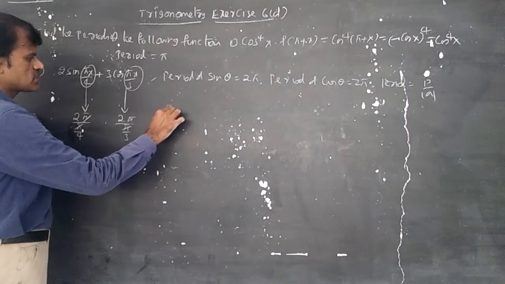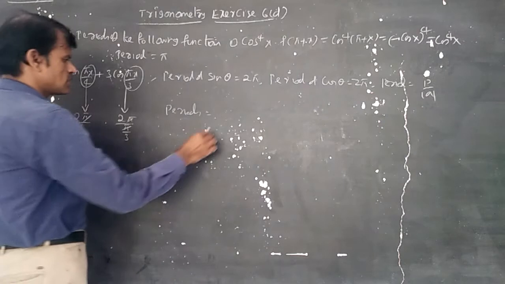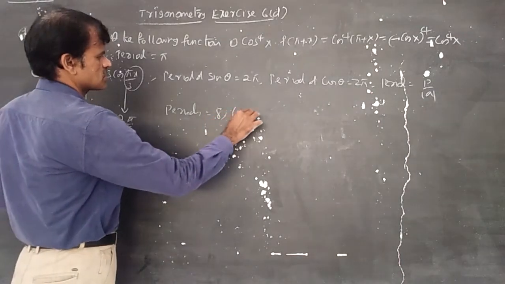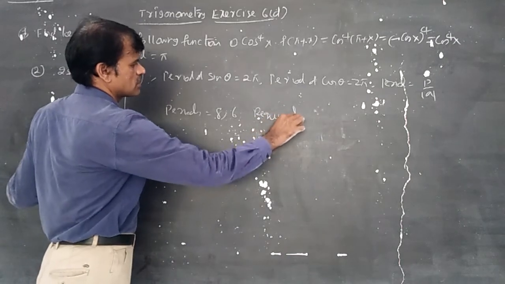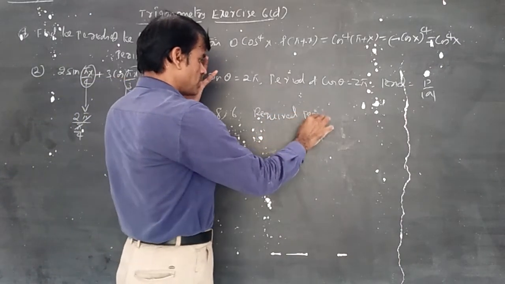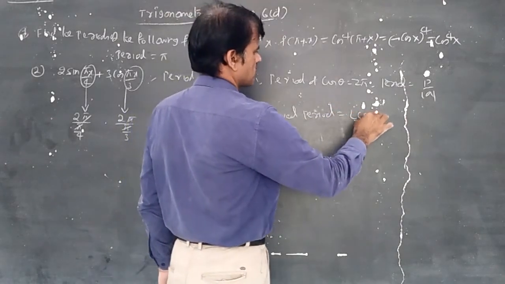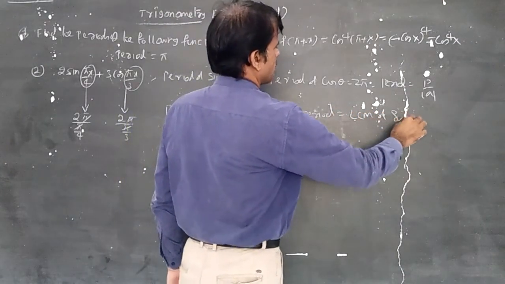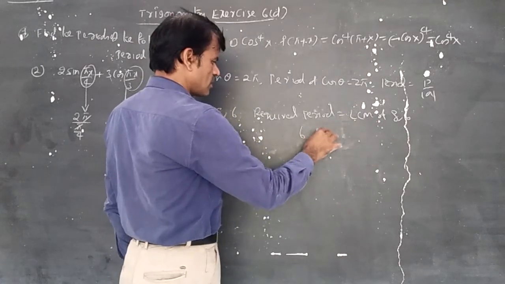You can write the separate periods: 2 fours are 8 and 2 threes are 6, so 8 comma 6. The required period of the combined function is the LCM of 8 comma 6. I think you know how to calculate the LCM.